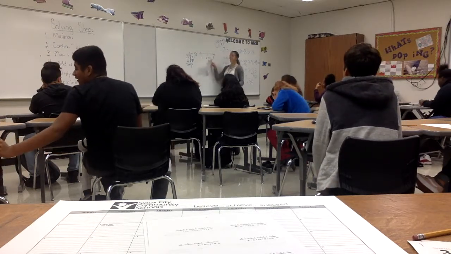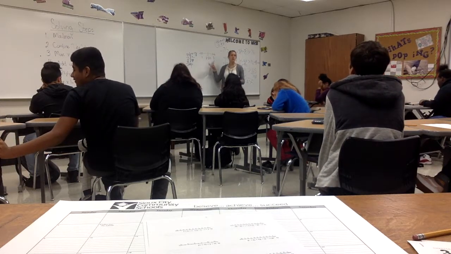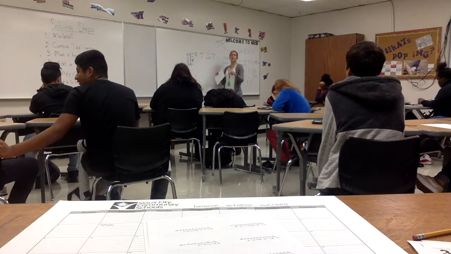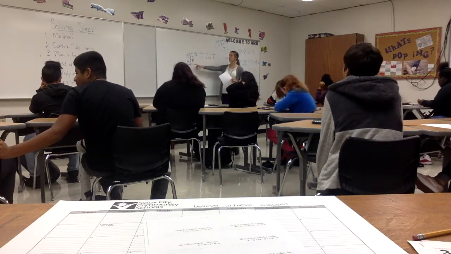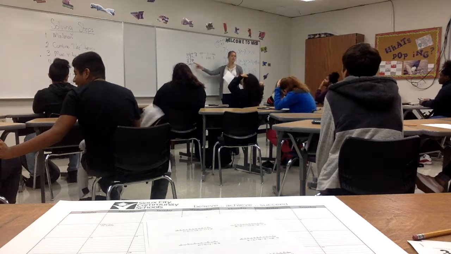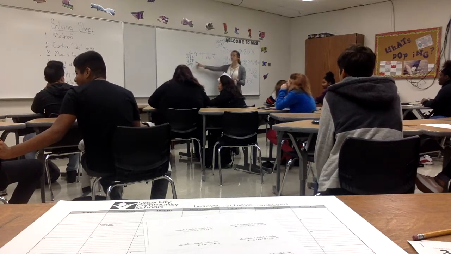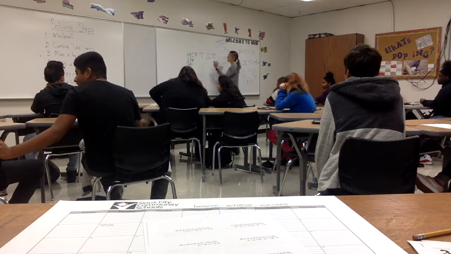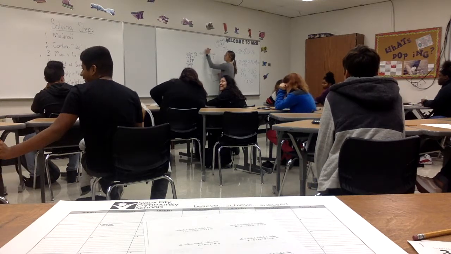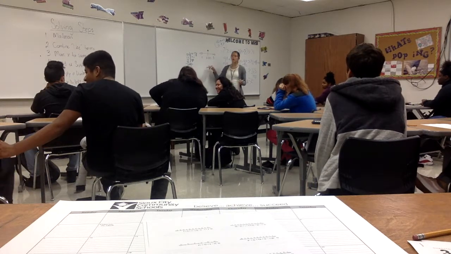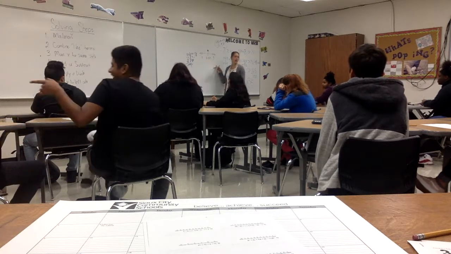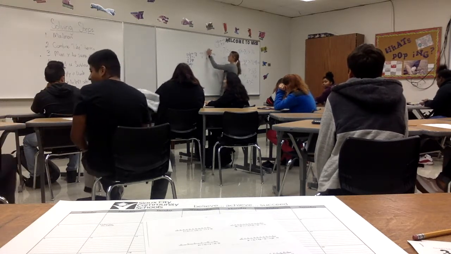Is it going to be an open or closed circle? It's open. It kind of depends on how you set up your problem, right? She set it up where you can have it equal to 20, but if you want it just more than, it'll be open. But she has equal to or greater than, so it should be closed. And then will it be to the left or to the right? To the right.